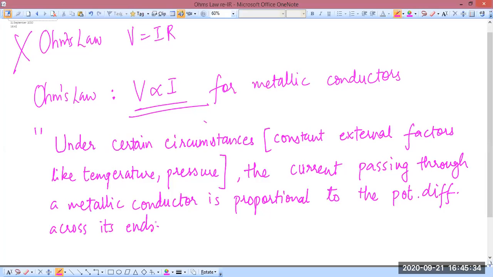This statement is Ohm's law, and this is the mathematical form: V proportional to I.